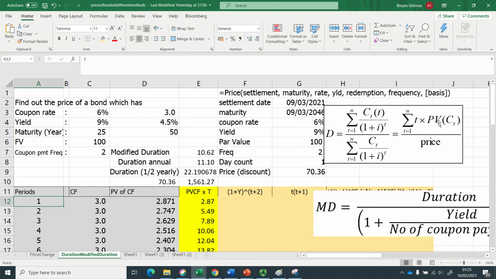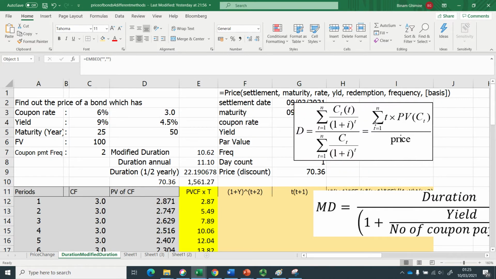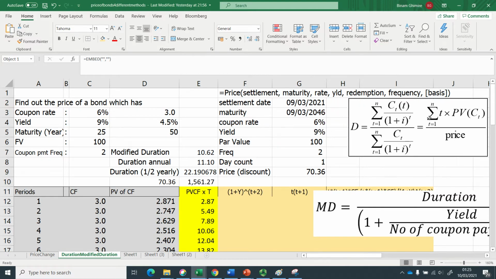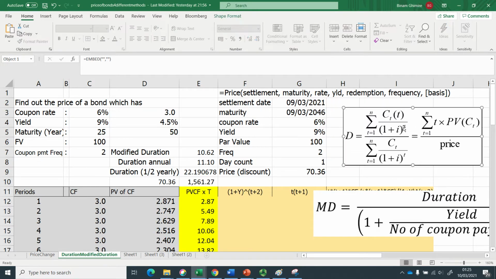So basically, duration is the weighted average of the times until the cash flows of a bond are realized. Okay, so you can think of it in terms of a payback period type of concept. Weighted average term to maturity, that's what duration gives us. The answer is therefore reported in years.